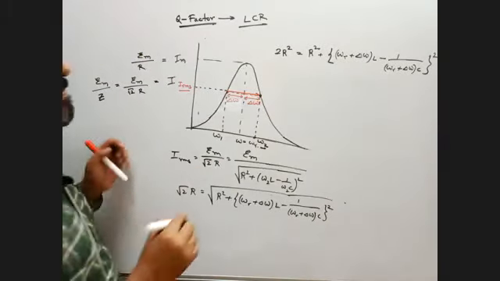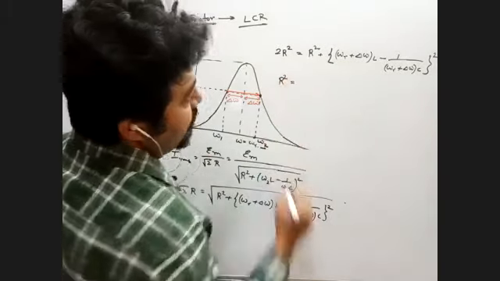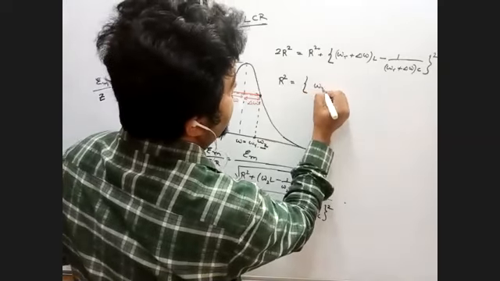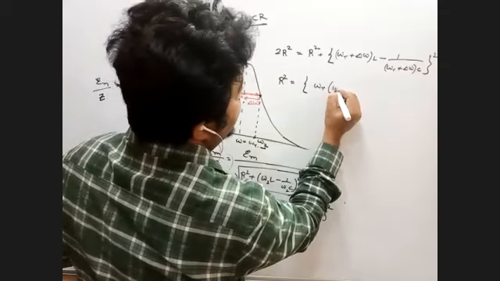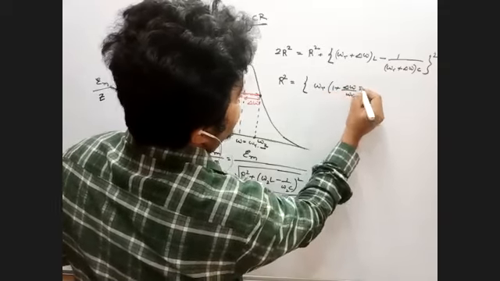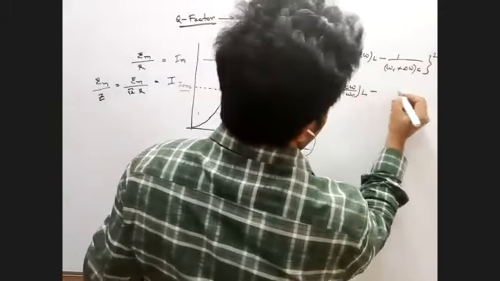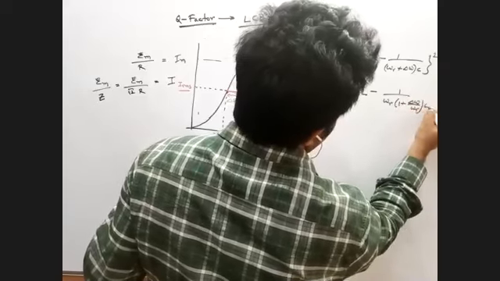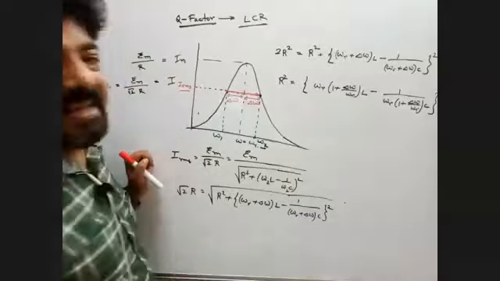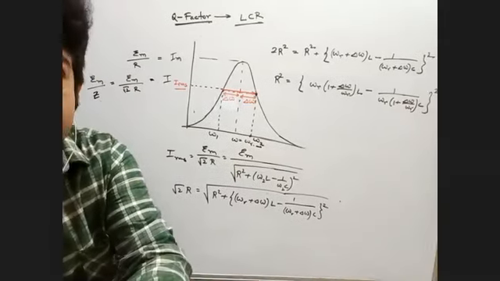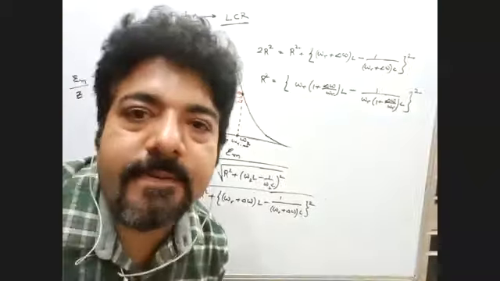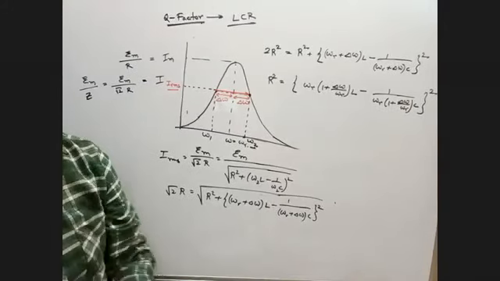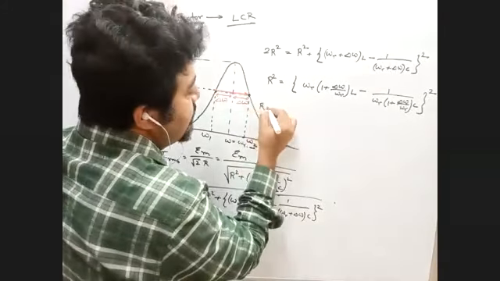So that means R square is equal to omega R, if you take common, 1 plus del omega by omega R into L minus, omega R, if you take common, 1 plus del omega by omega R into C, whole square. Square we can cancel.